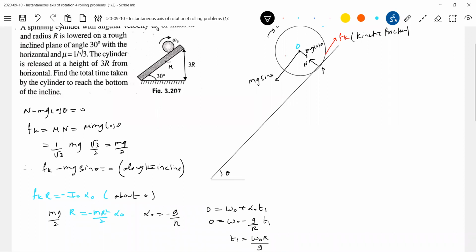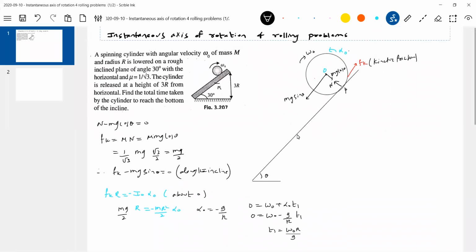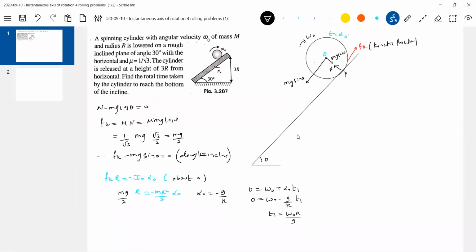what you should comment: this t1 is the time taken for the cylinder only to spin. It will not slide, it will be there only. Time taken by the cylinder to spin without sliding along the incline.